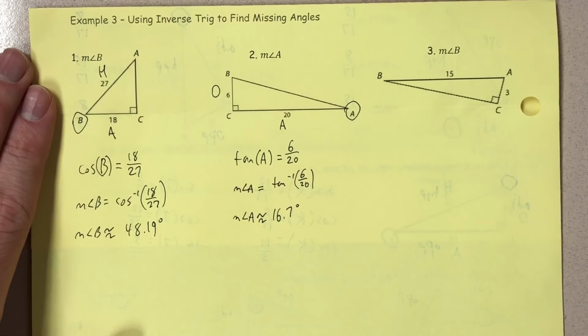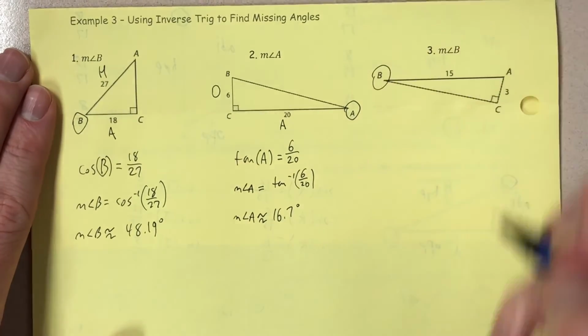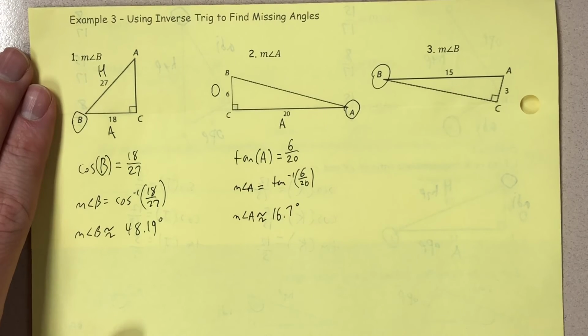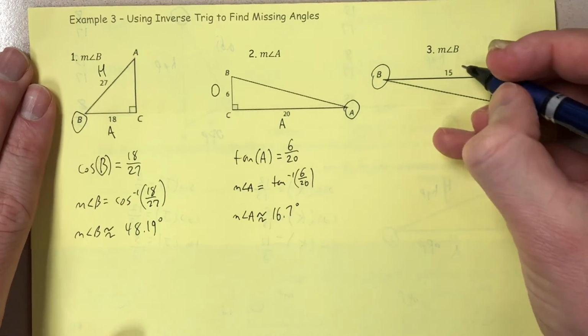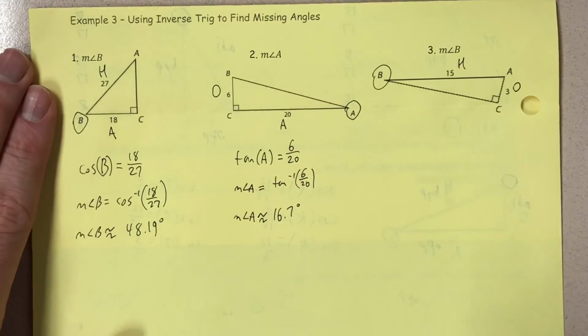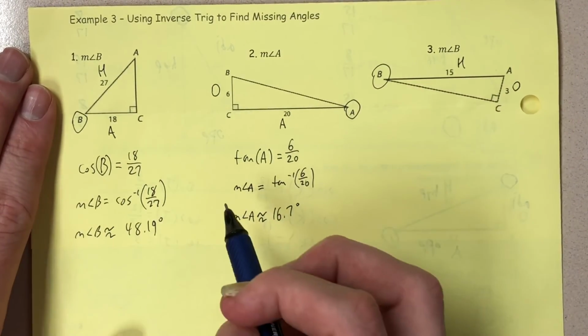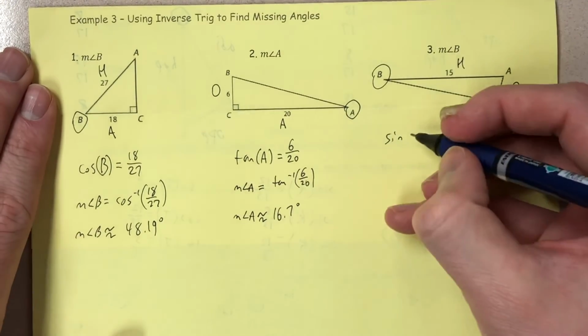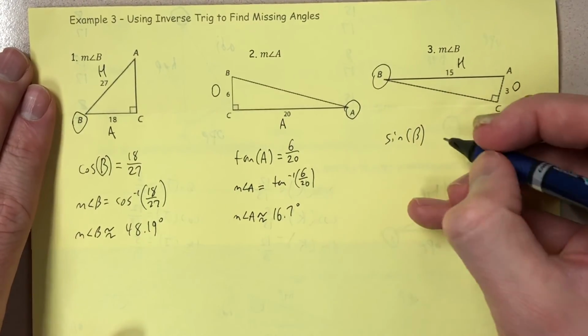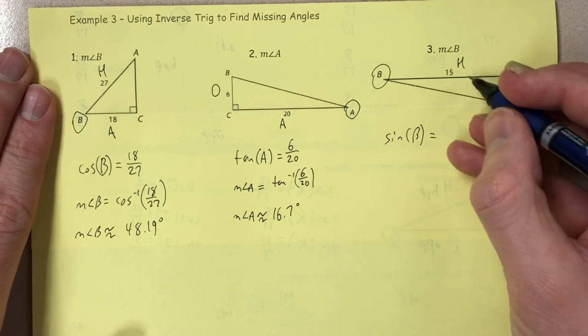And our final triangle here, we are referring to angle B. And some of you may be able to guess here, since 3 is our opposite and 15 is our hypotenuse, that we're going to use sine because we used cosine for the first one, tangent for the second one. So we're using sine here. So we can say sine of B is equal to our opposite over our hypotenuse.